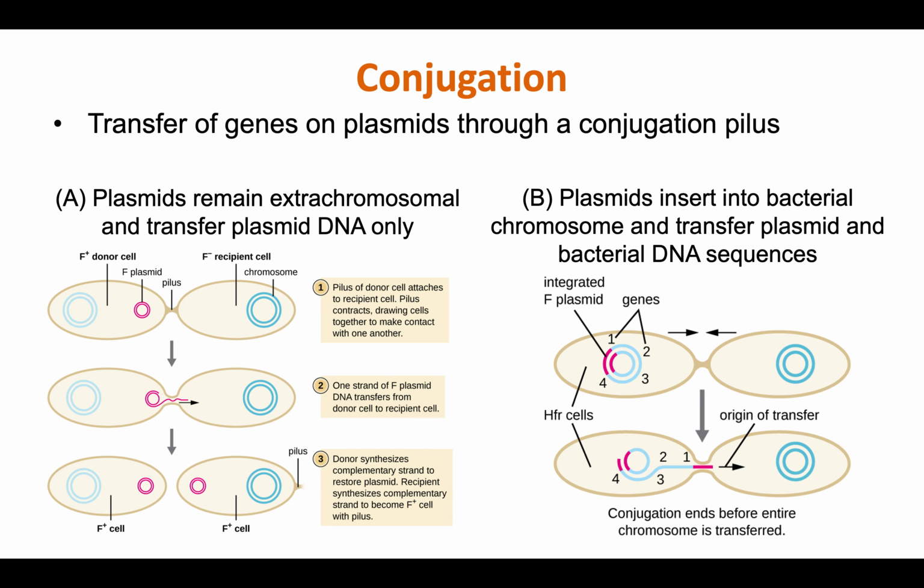When conjugation occurs, the conjugation tube or pili forms, but then the plasmid that is now part of the chromosome starts to transfer into the recipient cell. So not only do you get some of the plasmid, you may, in this case, get part of the donor's DNA. But this isn't as common as situation A when we think of conjugation.